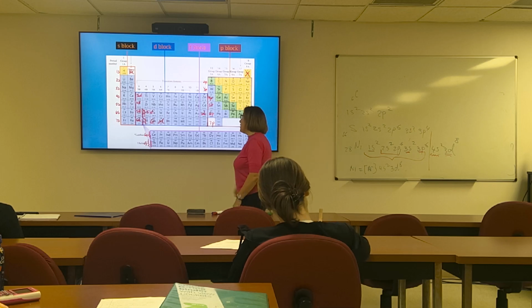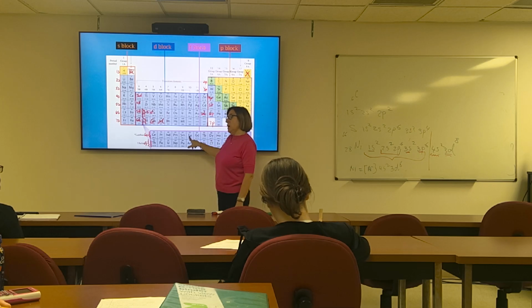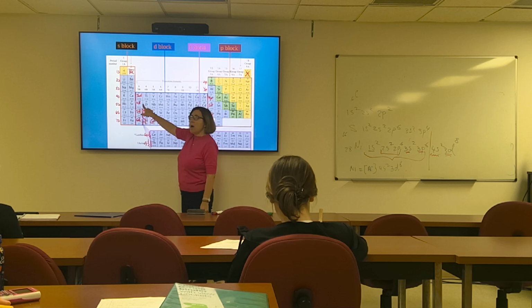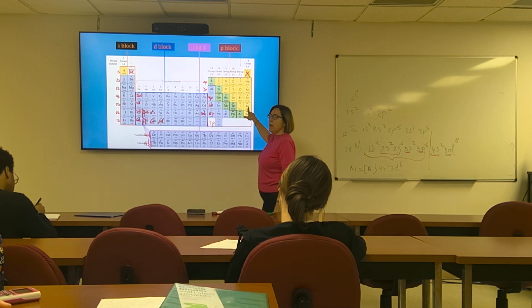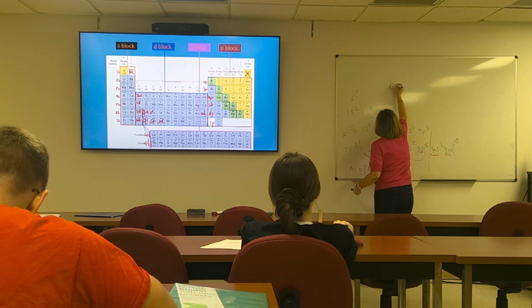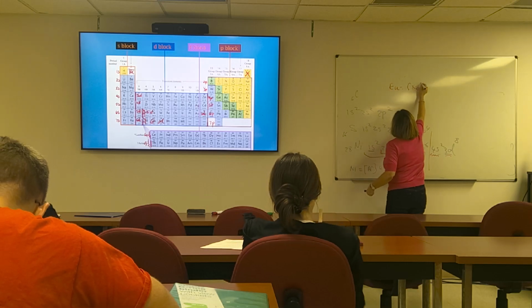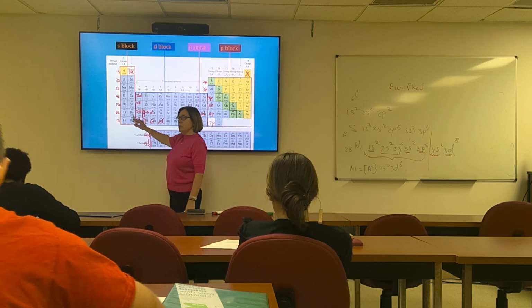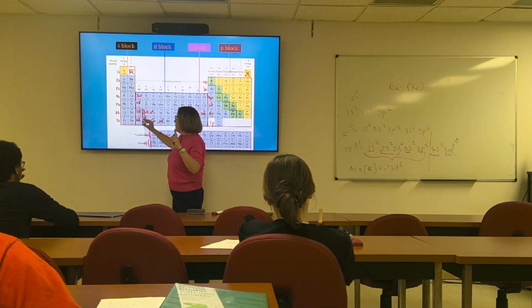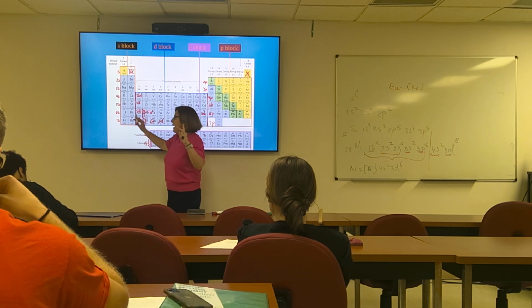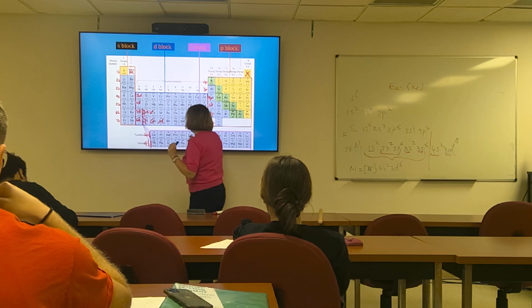Okay? So if I want to write the configuration for europium, what period is europium in? It's right here in this gap, right? So for here, you go one step up and all the way to the right to the end, and xenon is your noble gas. So if I want to write europium, I'm going to write xenon in the brackets, and then I follow with what comes after xenon. 6s2, then remember that to go in the gap, you have to pass by lanthanum. 5d1, and then 4f, whatever.